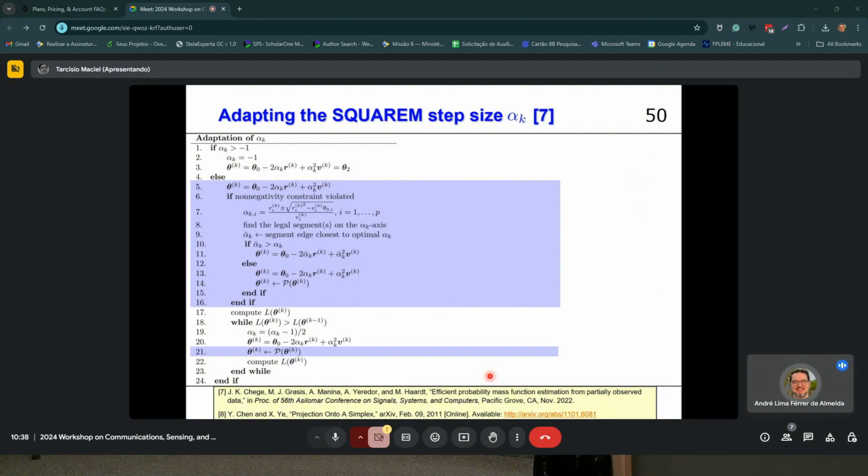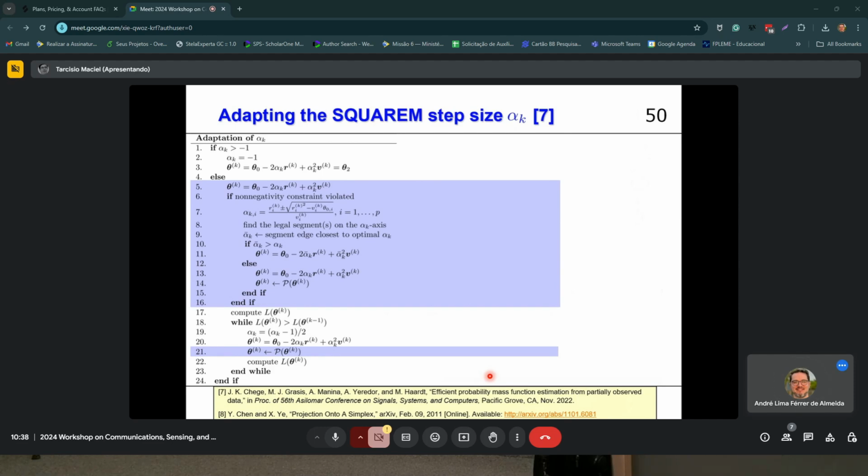I won't go through every step of this algorithm, but basically the parts that are white or unshaded are what is there for the original algorithm, the square EM algorithm. And then what we propose was to add the parts in blue in order to ensure that the solution is a PMF.